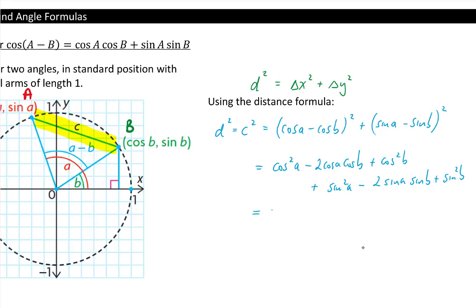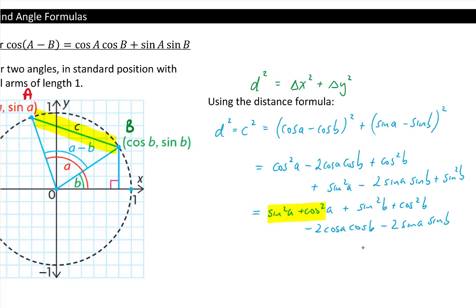Notice I have a sine squared A and a cos squared A, which I'm going to put together. I also have a sine squared B plus a cos squared B. And then I still have left a minus 2 cos A cos B and a minus 2 sine A sine B.